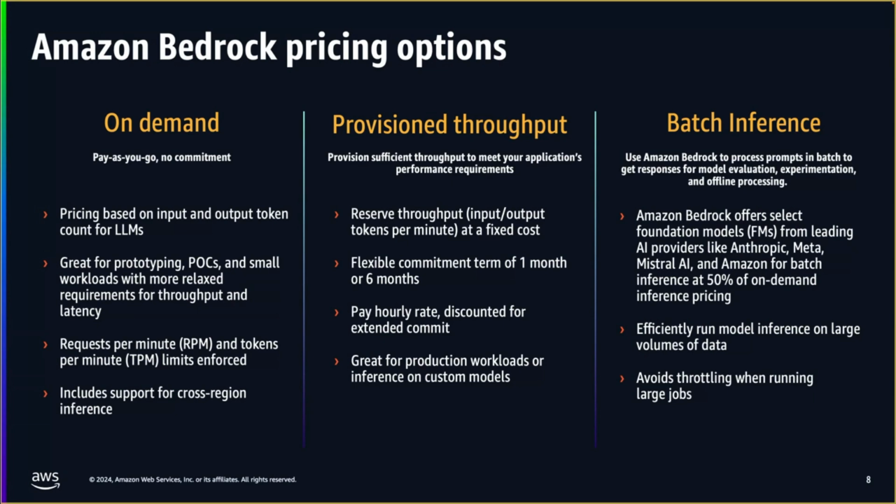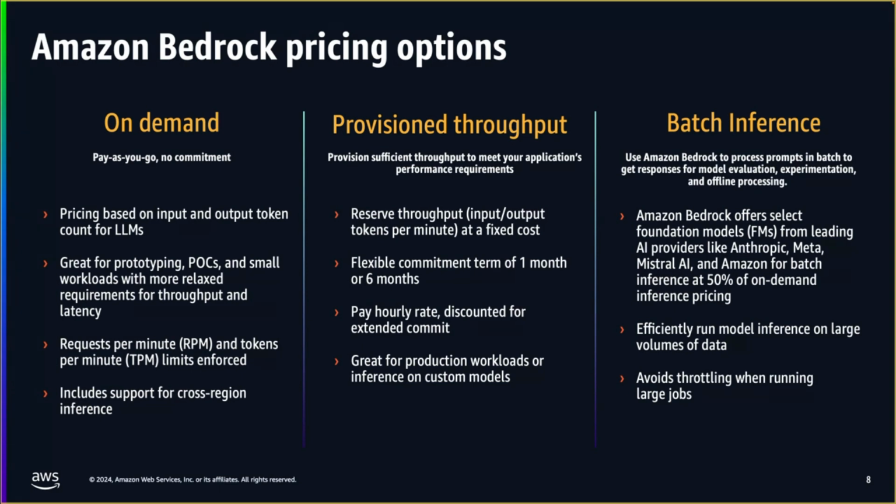With batch inference, you have the same price as on-demand, but you can aggregate and process requests asynchronously, and because of that, you can get up to 50% lower price compared to on-demand inference.